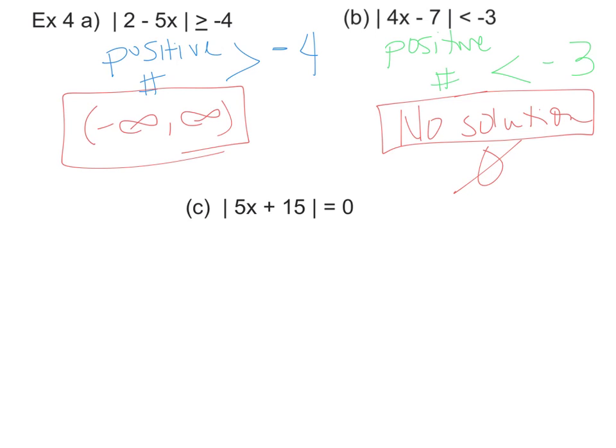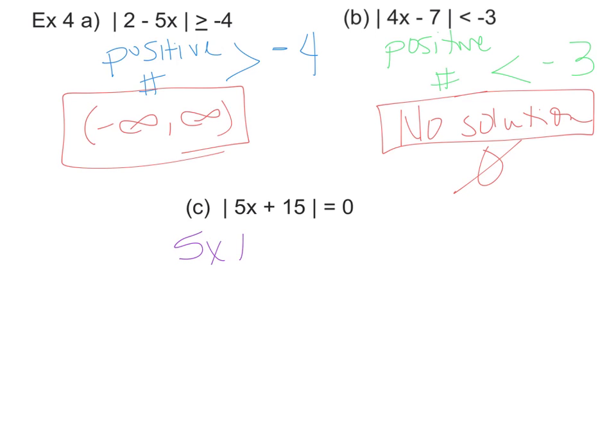Nice. And then last but not least, look at this problem down below. If I have 5x plus 15 is equal to 0, and I want to know what value of x is going to make this the distance from 0, and I am already on 0, then there's only one solution.